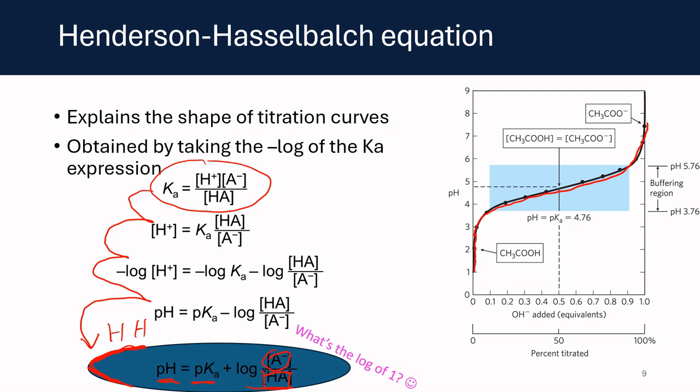The Henderson-Hasselbalch equation is incredibly useful, and there's a lot of mathematical beauty in it, in my opinion, because remember what I said before about how the pKa is the pH where the concentration of acid will equal the concentration of its conjugate base. This equation proves it.